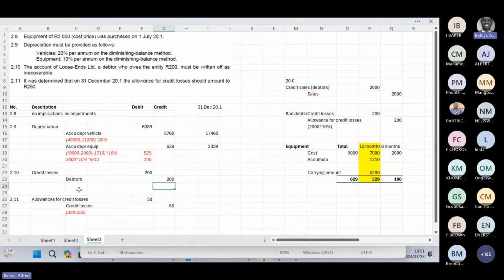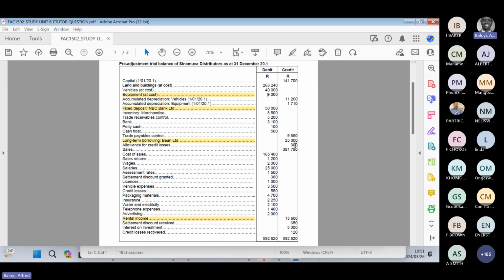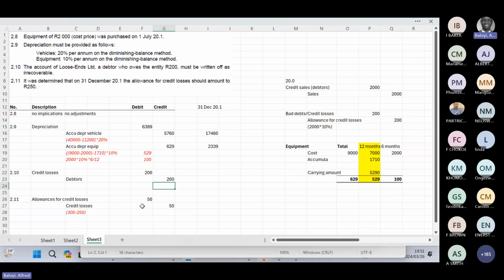How are you going to reduce it? Because it's a credit balance, you are going to debit it to reduce it by 50, and then this amount will go to income.